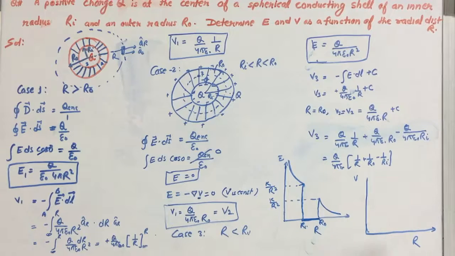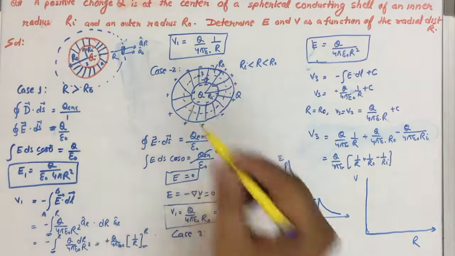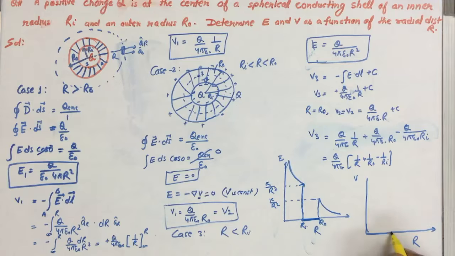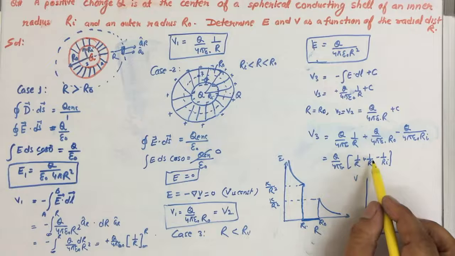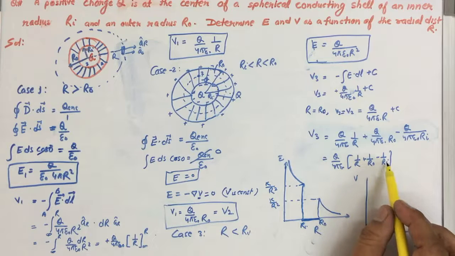Now let us plot between V and R. In this case, V1 is inversely proportional to R when R is greater than R naught. Okay, start from the third region. What is V? V is 1 by R plus 1 by R naught minus 1 by Ri.